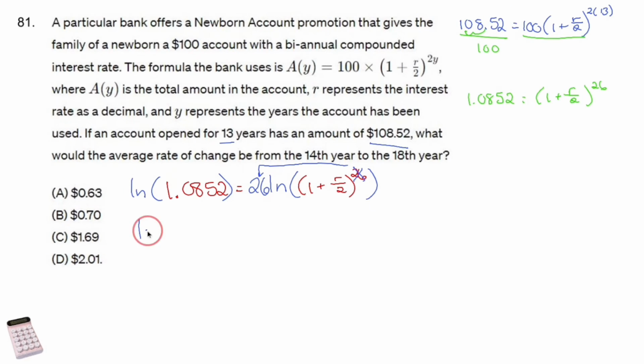So now I have ln of 1.0852, whatever that is, equals 26 ln of (1 plus r over 2). There you go. Now what I can do is divide both sides by 26.